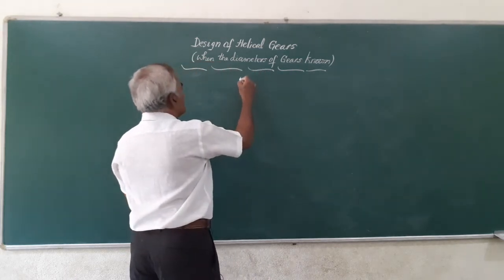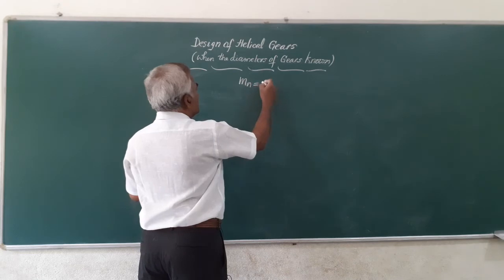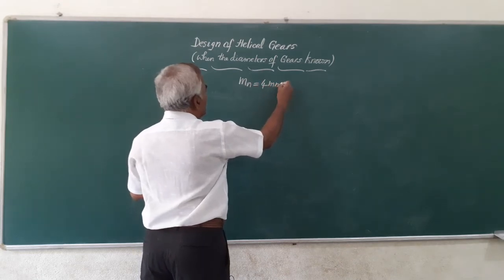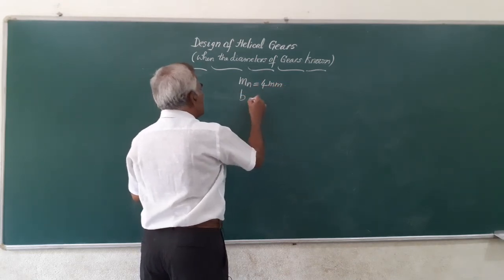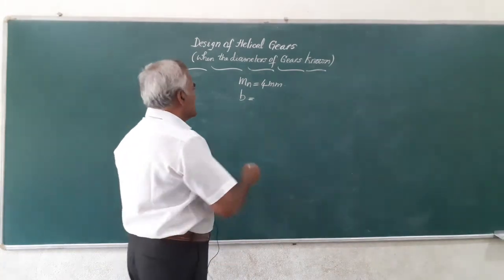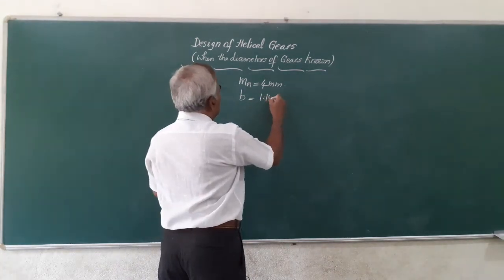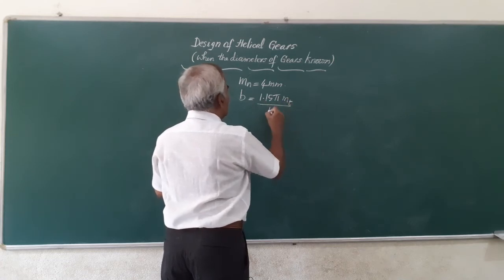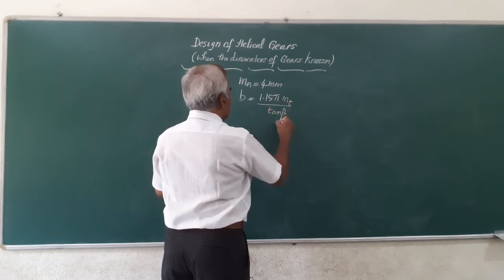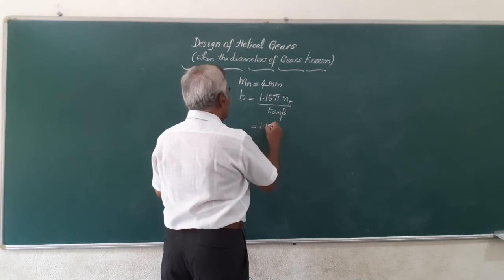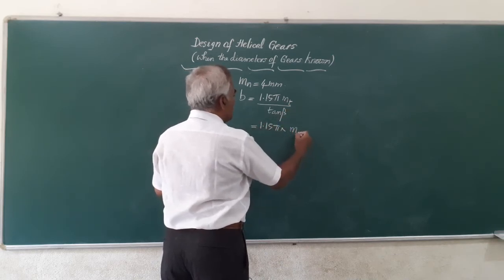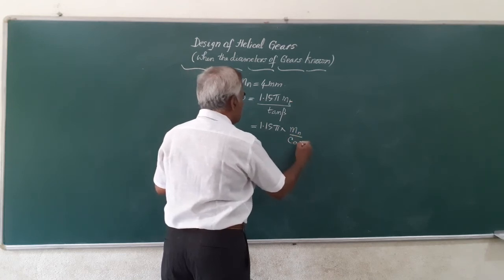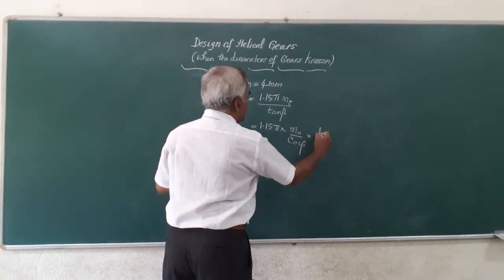So, once you have this module Mn equal to 4 millimeter, we can also find out what is the width of this gear. That is given by the formula 1.15 mt, small mt divided by tan beta, or in other words it is 1.15 mt, where mt is mn by cos beta, and this is 1 by tan beta.